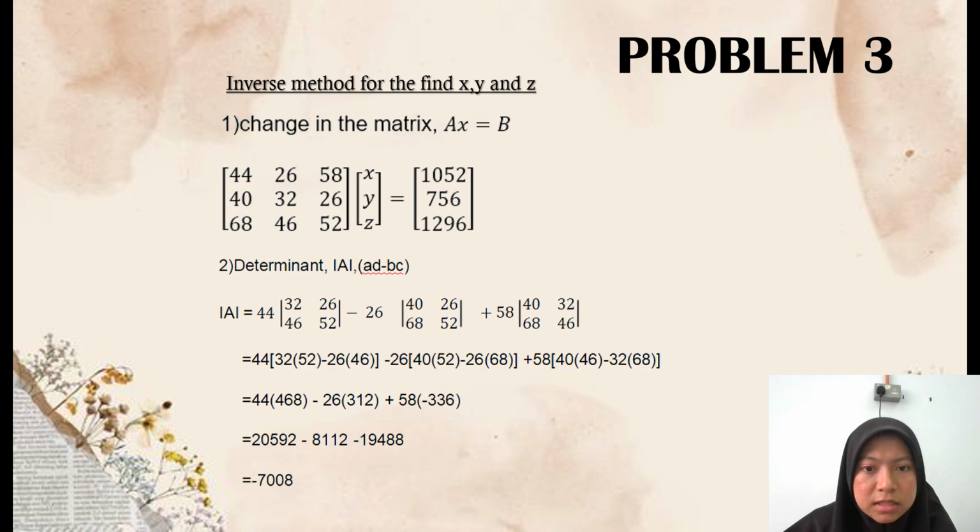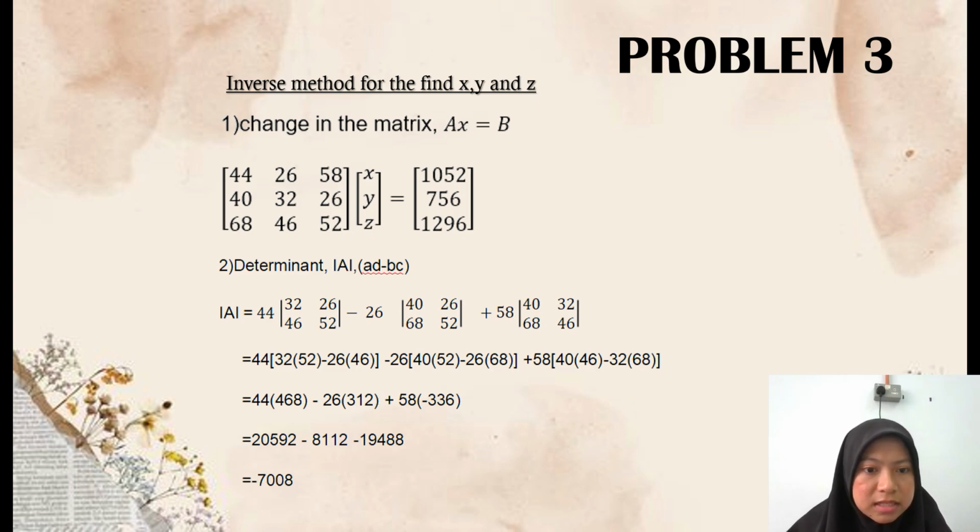This slide is about how to find x, y, and z by using the inverse method. First step is to change it into matrix A, which means AX equals B. Put the total cups in this matrix and use 3 times 3.